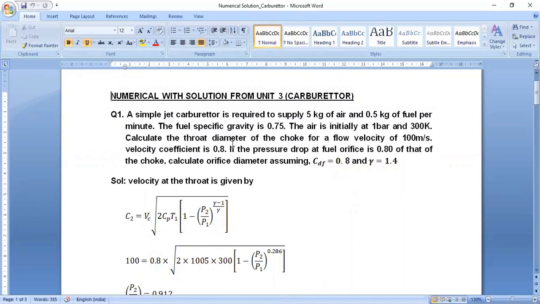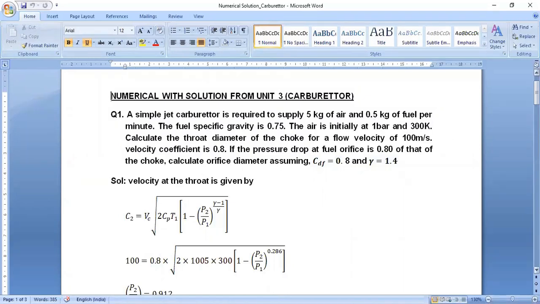Calculate the throat diameter of the choke for a flow velocity of 100 meter per second. The velocity coefficient is 0.8. If the pressure drop at fuel orifice is 0.80 of that of the choke, calculate orifice diameter assuming CDF is equal to 0.8 and gamma is equal to 1.4. So this is a simple numerical.